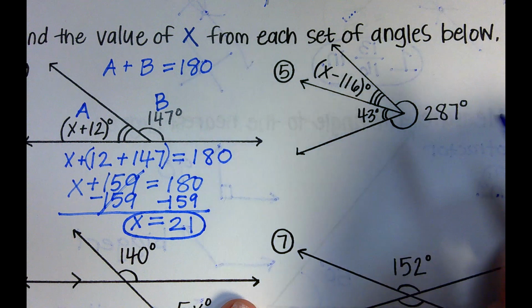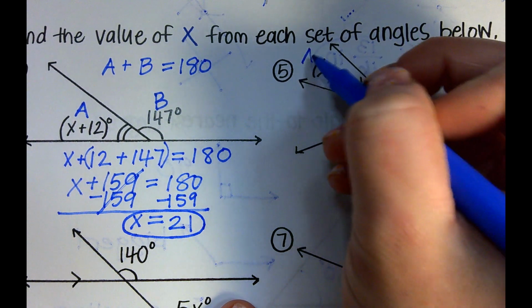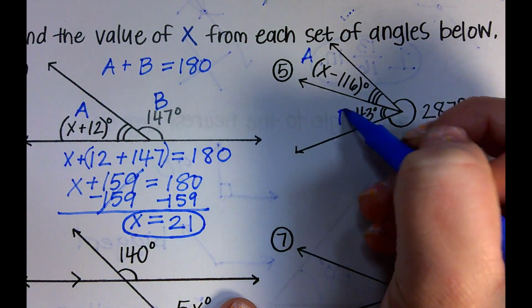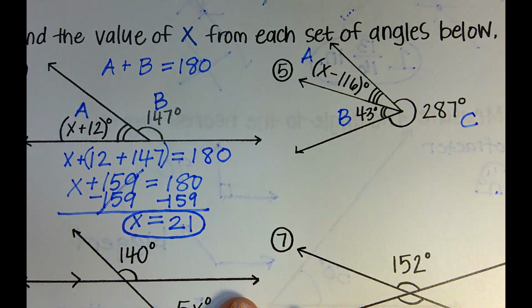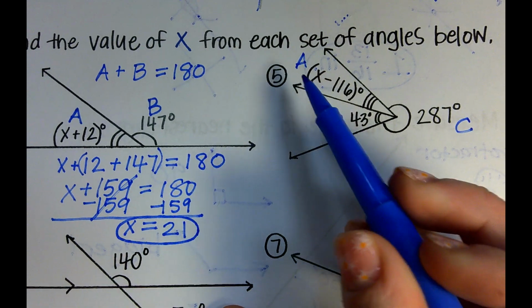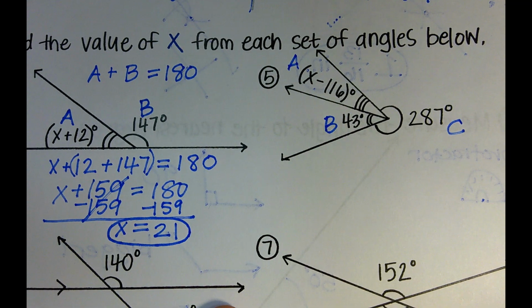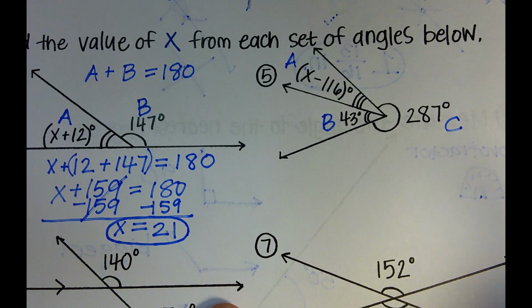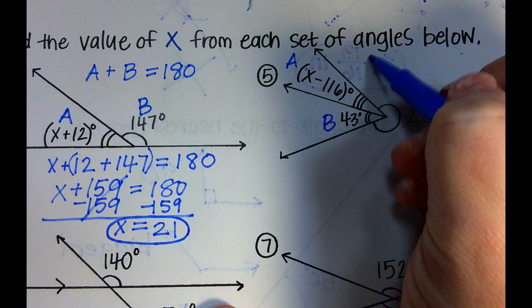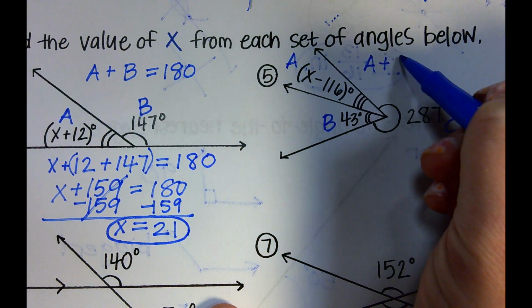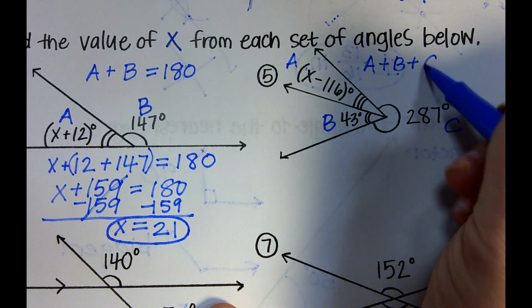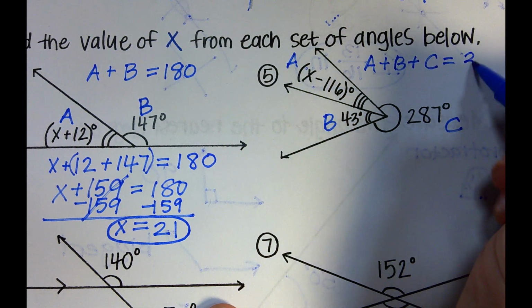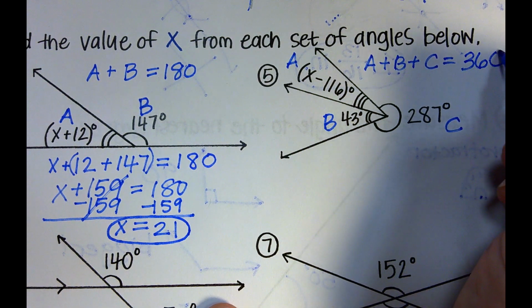So if this is A, B, and C, what happens when I do A plus B plus C? It equals 360. So just as a guide, I'm going to write that on top. A plus B plus C equals 360.